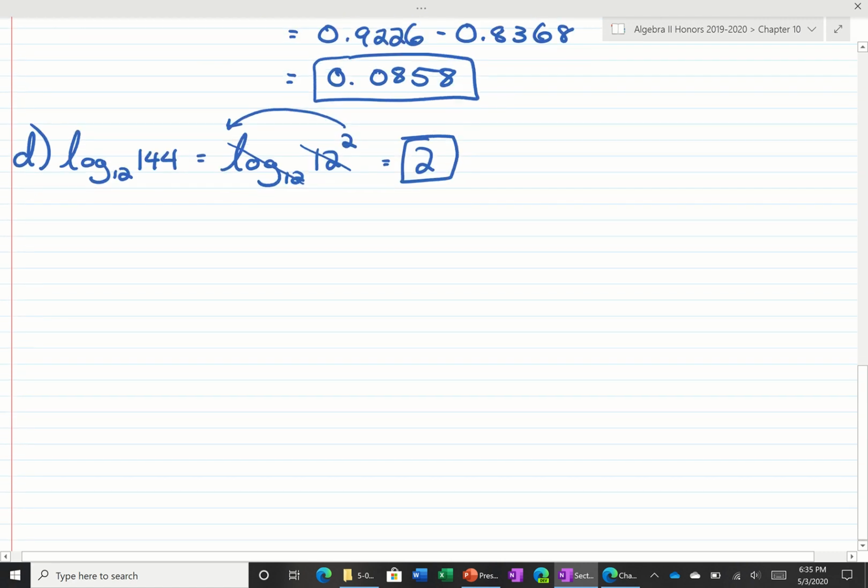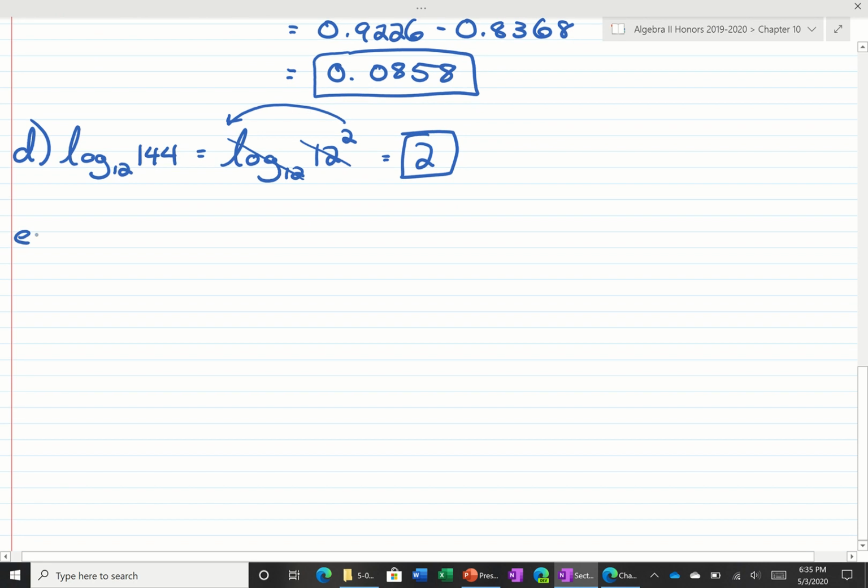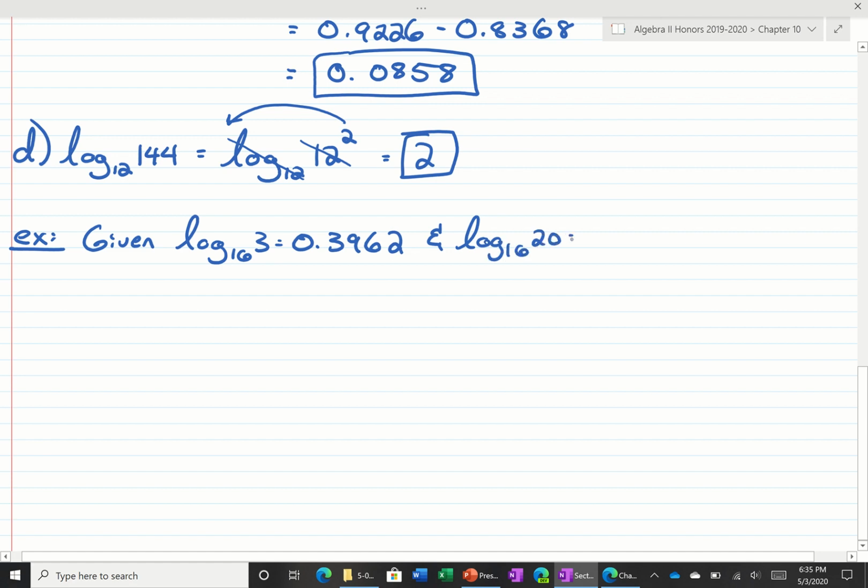All right. Let's try one more example. I'll give you some different numbers. What if I say, given log base 16 of 3 is equal to 0.3962, and log base 16 of 20 is equal to 1.0805.